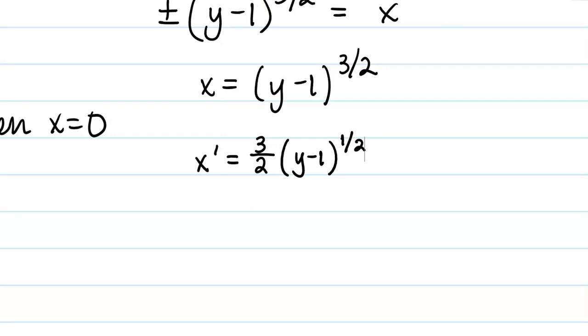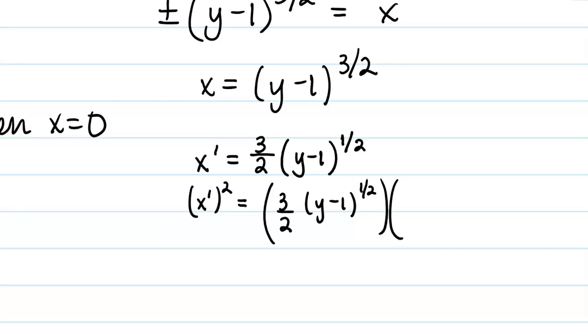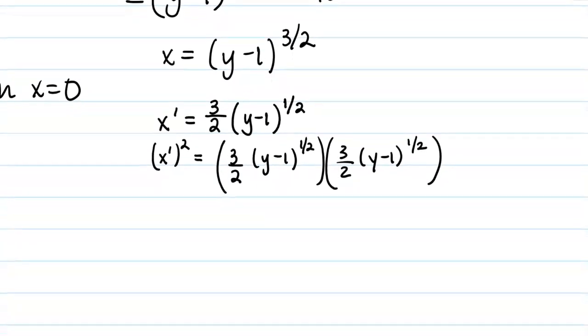We do need to square this derivative, and so I am going to square it. I'll multiply the 3/2 together first to give me a 9/4, and then I'll multiply, I did this the long way.